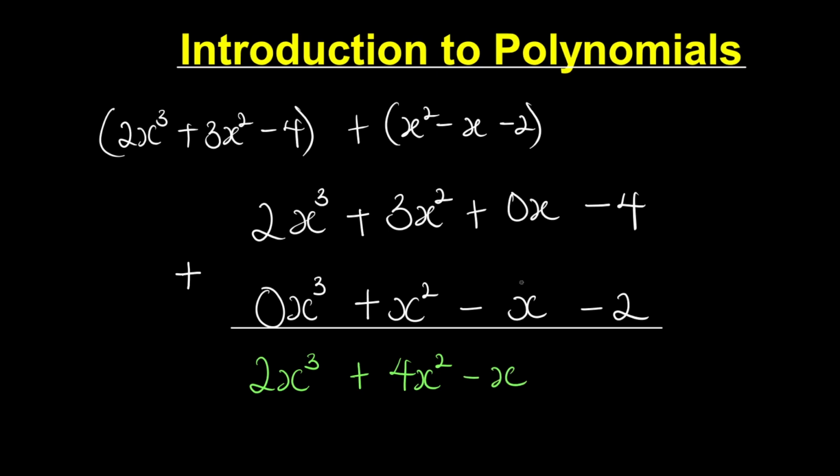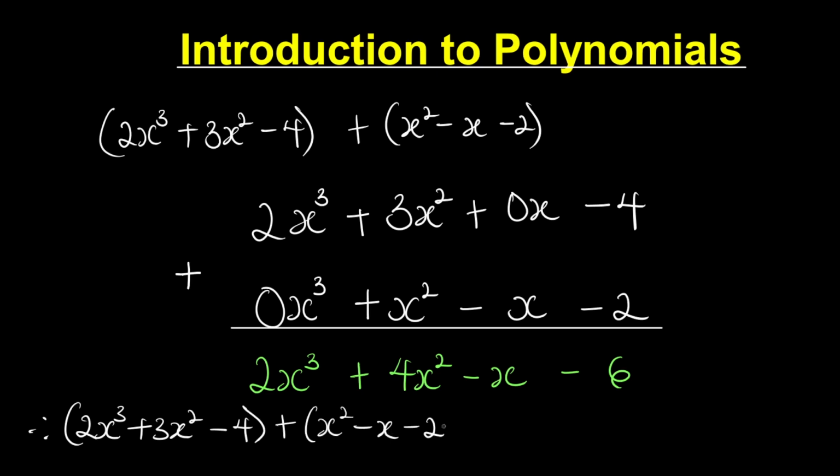Minus 4 plus minus 2 is negative 6. Therefore, we can conclude that 2x cubed plus 3x squared minus 4 plus x squared minus x minus 2 is equal to 2x cubed plus 4x squared minus x minus 6, that is our answer.